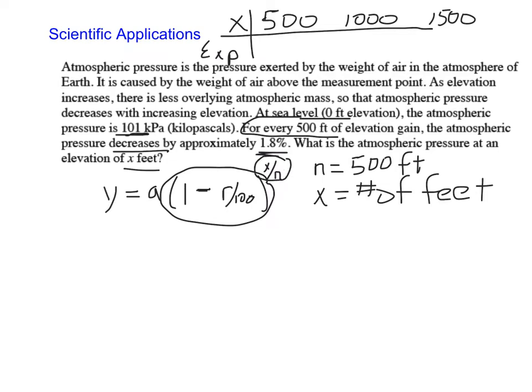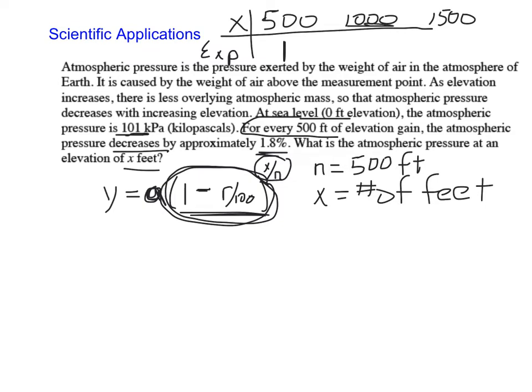If I go up 500 feet, I want my exponent to be 1, because that means I'm going to take my initial value, A, and multiply by this growth factor, or in this case, excuse me, this decay factor, 1 time.